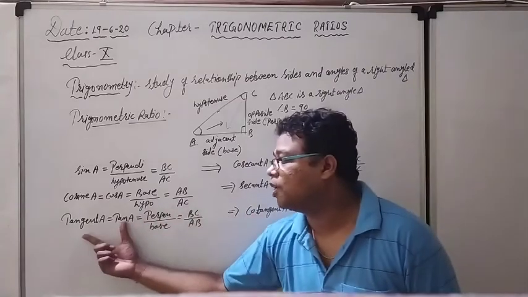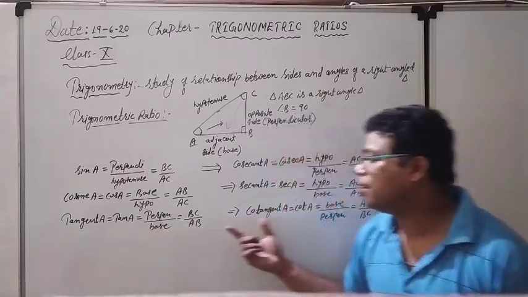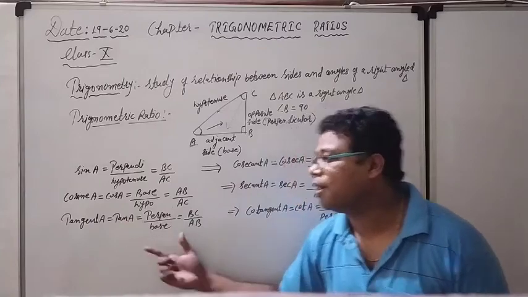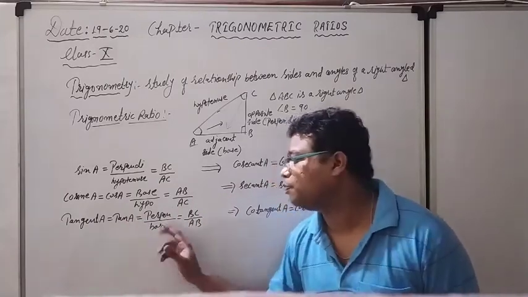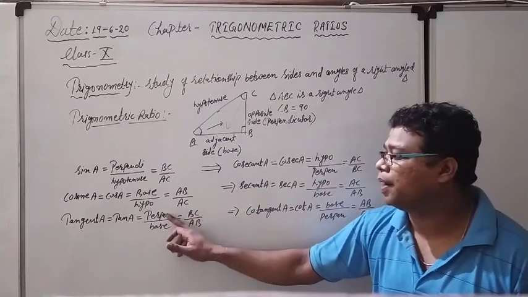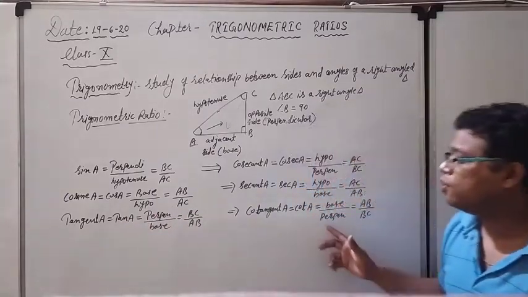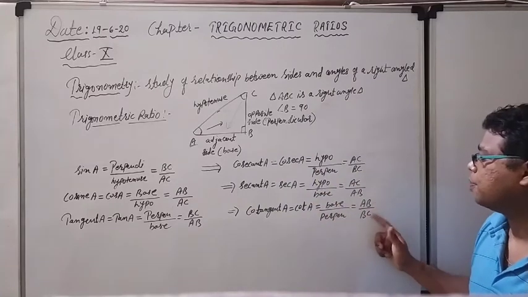The tangent, in short form, is called tan theta or tan A. Here we have to consider cot, which is just opposite to tan theta or tan A. Theta is again the name of the angle. Perpendicular upon base is the ratio for tan A, and here just the opposite, base upon perpendicular, so AB upon BC.